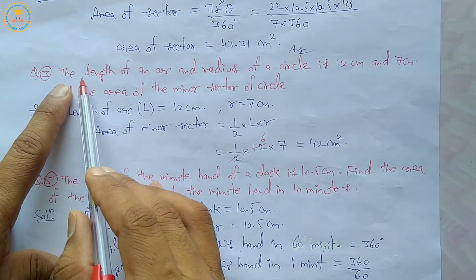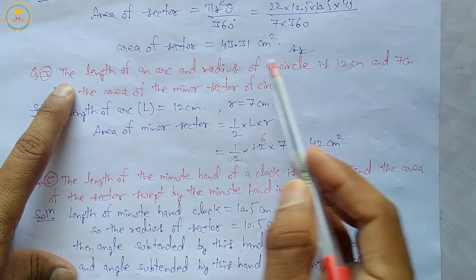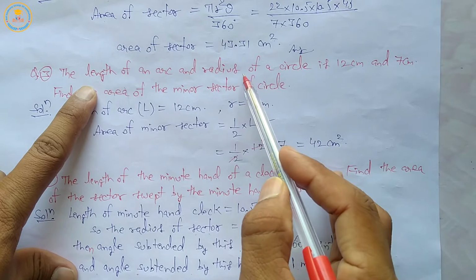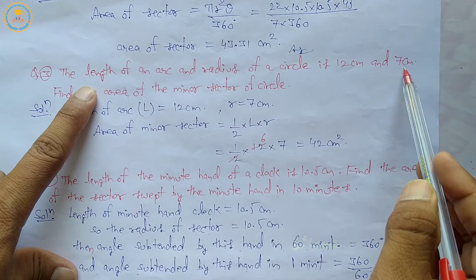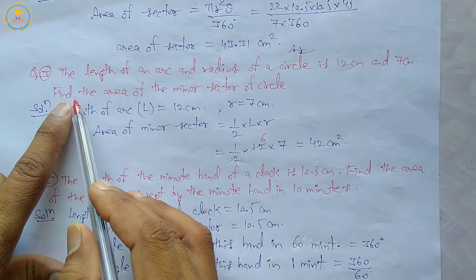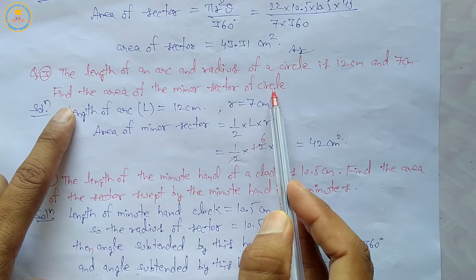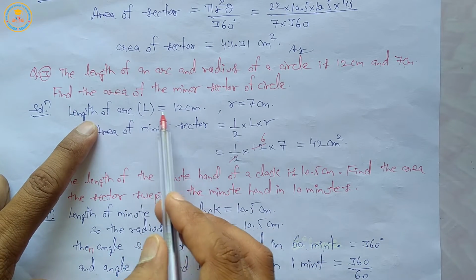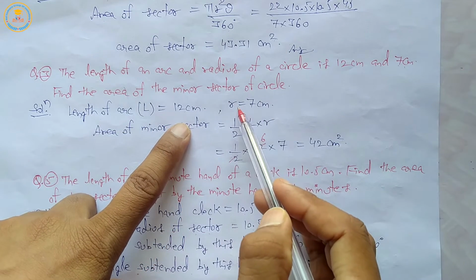Question number 3. The length of an arc and radius of a circle. Length of arc is L and radius of circle is R, 12 centimeter and 7 centimeter respectively. Then find the area of minor sector of the circle. It means length of arc L is given, first write the given part, and radius is given 7 centimeter.